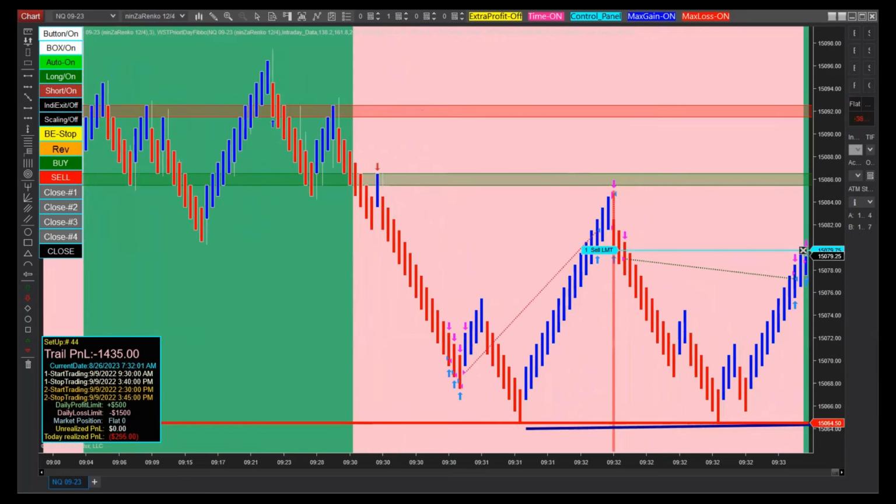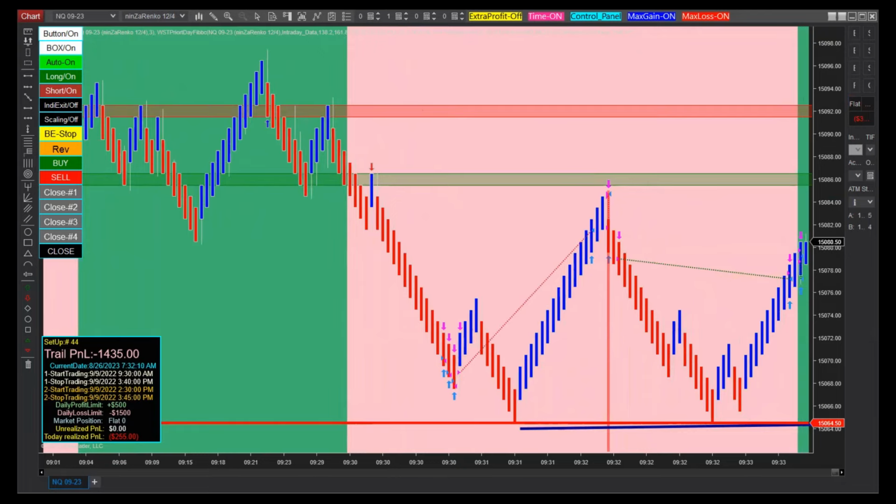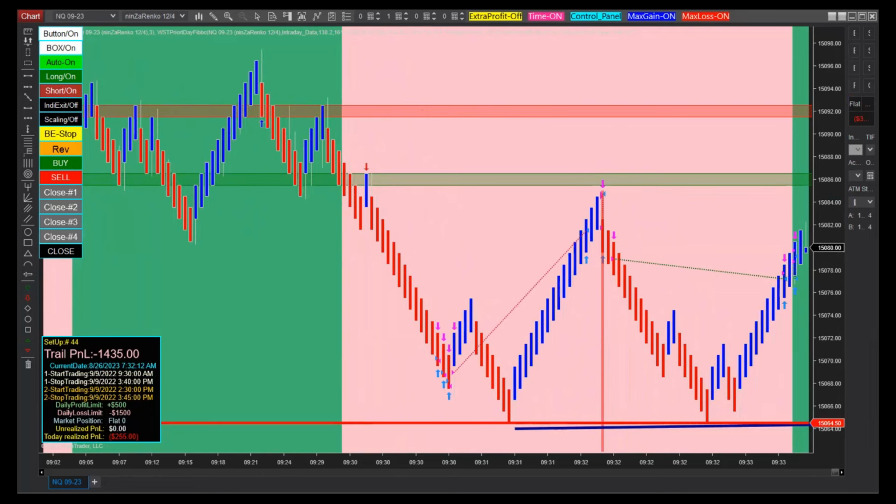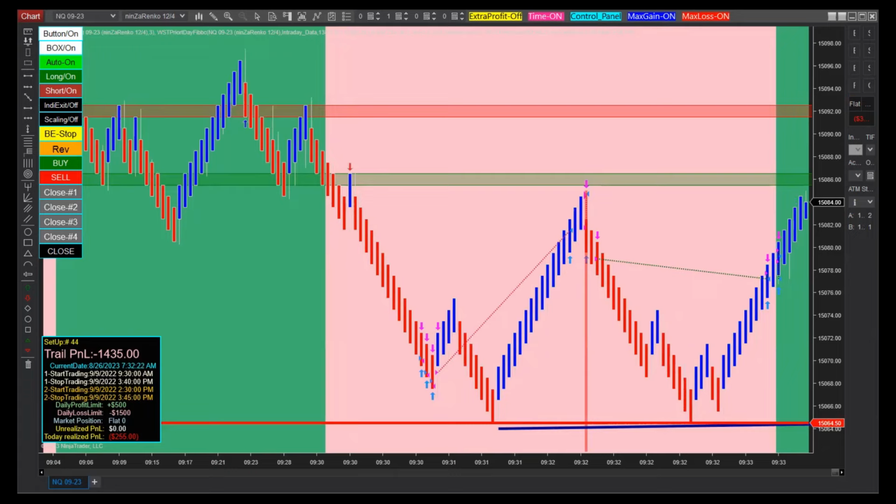So here just a very small profit, kind of goes in and out, can't quite find a direction yet. I'm going to just speed this up a little bit.